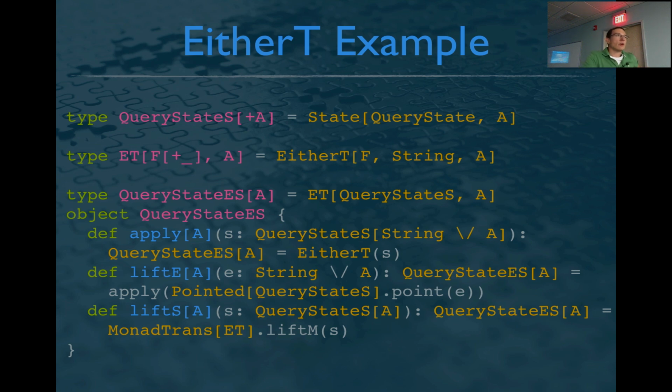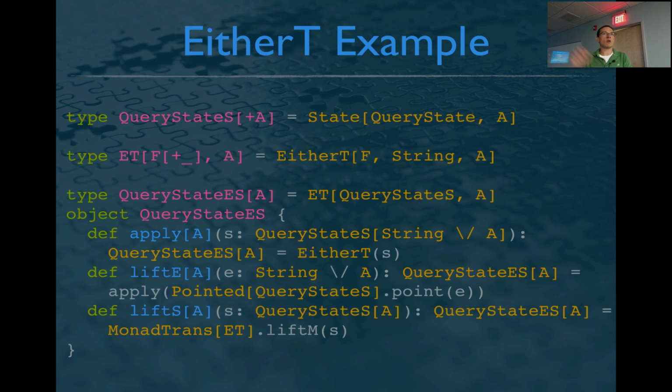And I'm going to create a third type alias, QueryStateES, for QueryState either followed by state, is the naming convention there. And what I'm going to do is apply the QueryState S monad to ET.